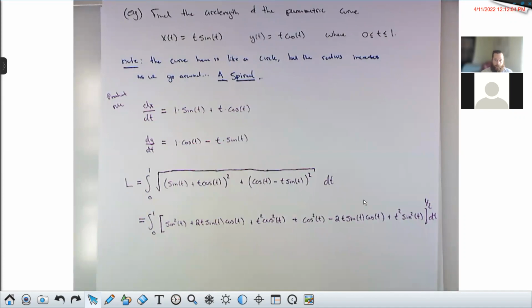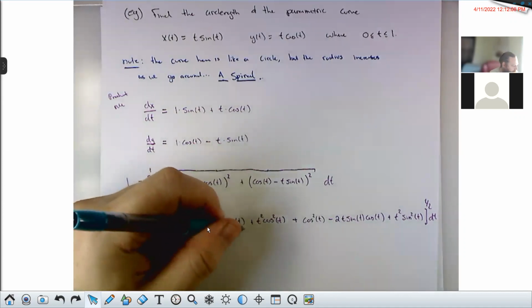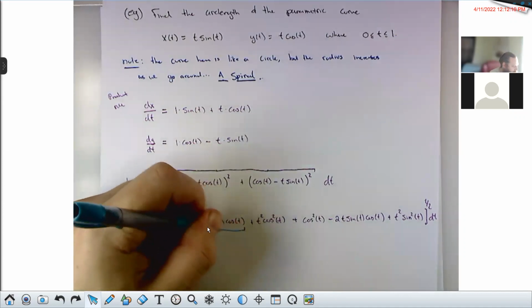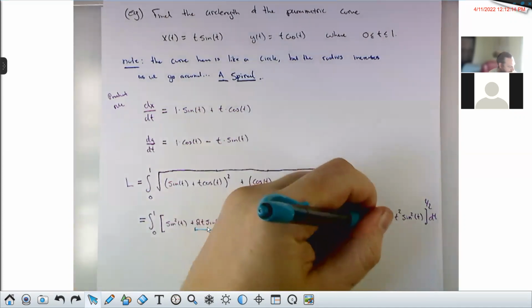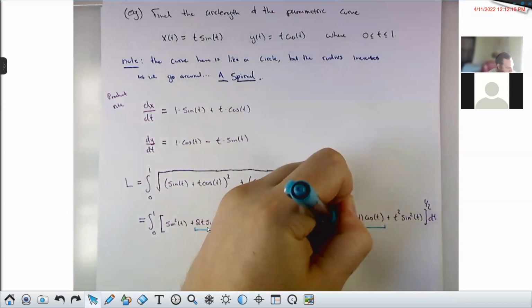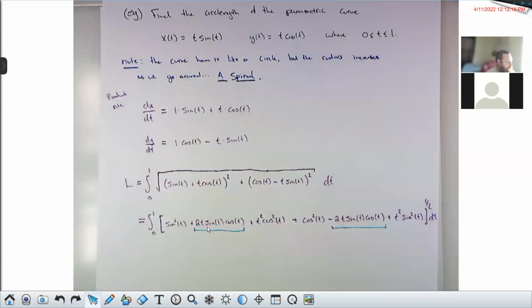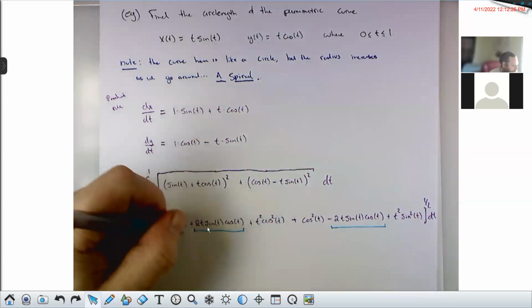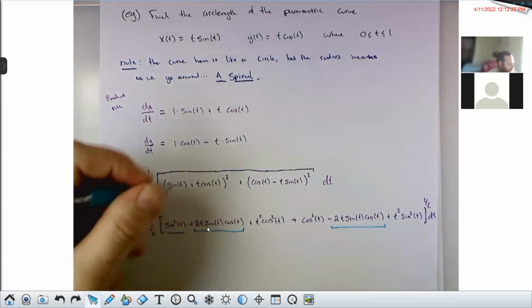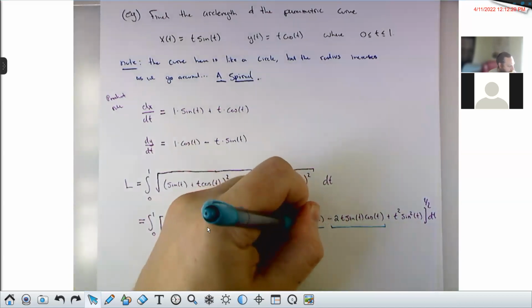There is a lot of good news here, though. I have a plus 2t sine t cos t here. I have a minus 2t sine t cos t here. Those kill each other. I have a sine squared t here and a cos squared t here.